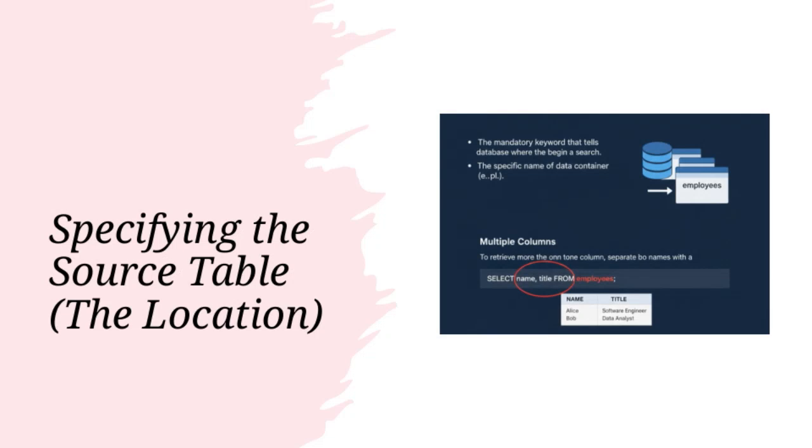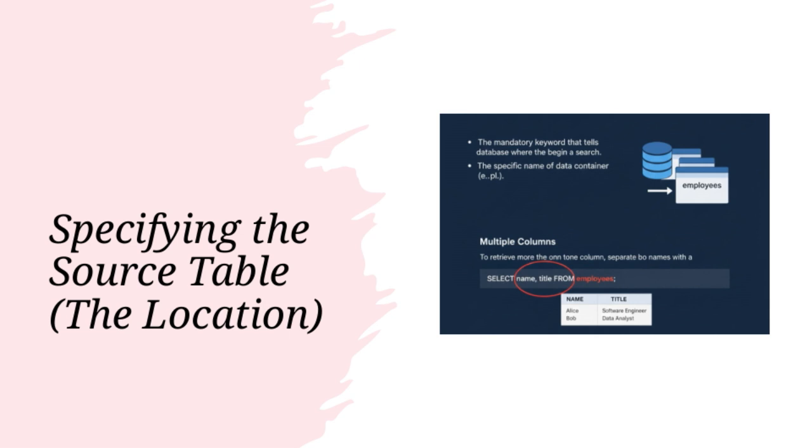Let's talk about specifying the source table, which is really about understanding the location of our data. When we're working with databases, knowing exactly where our data resides is crucial. This means identifying the specific table that contains the information we need. Think of the table as the container or the storage unit for our data. Choosing the right source table ensures that we're pulling accurate and relevant data for our analysis or reports.